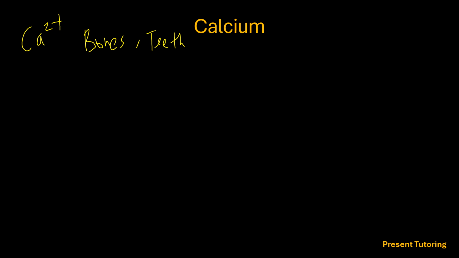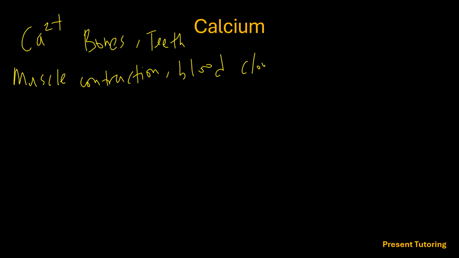It's not only because of these structures that calcium is important. Calcium is also very important when it comes to muscle contraction. It also has a part to play in blood clotting, and it does a lot in the body. So it's important that we have good calcium levels and that we prevent too much calcium or too little calcium.